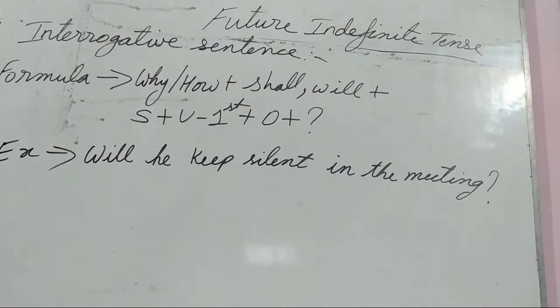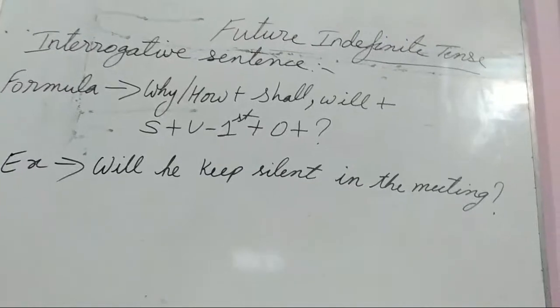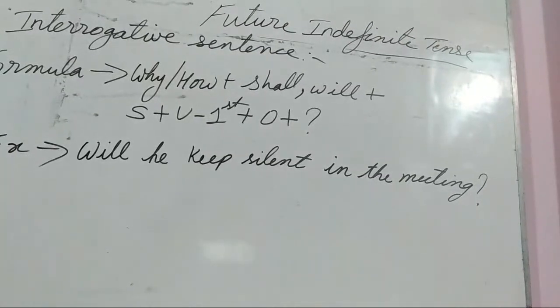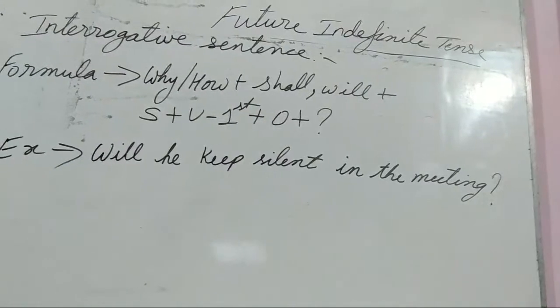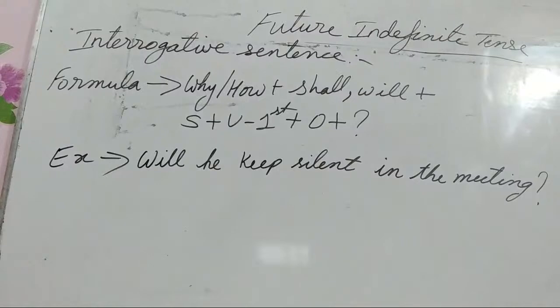Okay, this example, will he keep silent in the meeting, is according to the formula written above it, that is why or how plus shall or will plus subject plus verb first form plus object and a question mark. So the example is of an interrogative sentence in future indefinite tense.